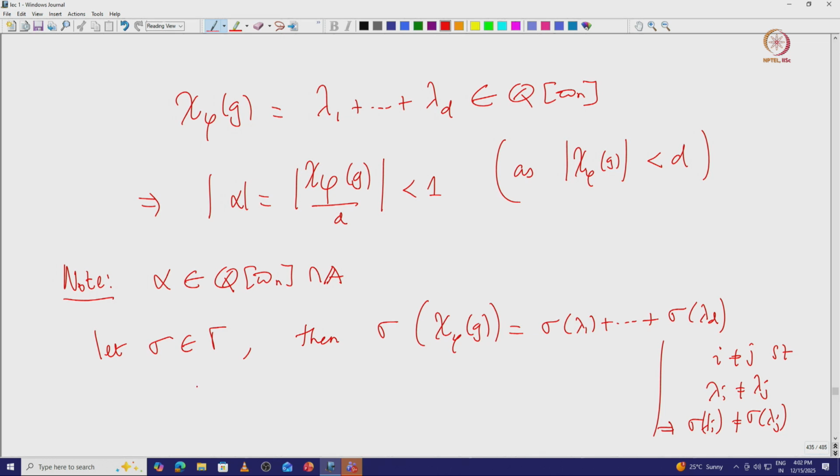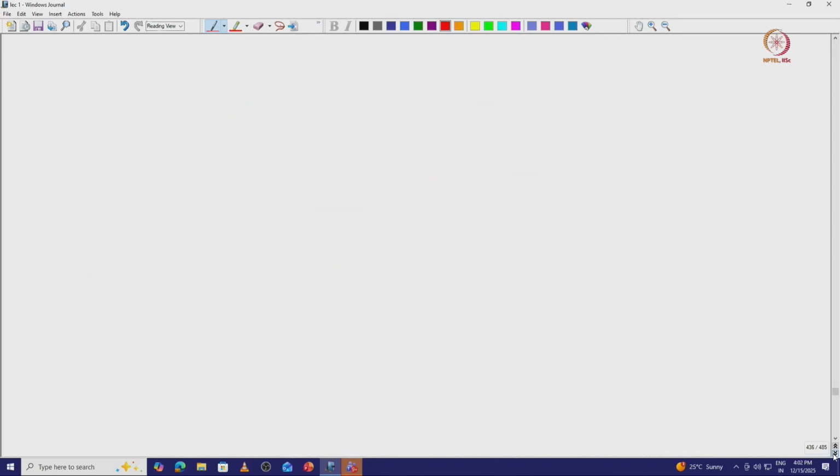So, that means the absolute value of this sigma of chi_phi of g is strictly less than d, because this is again a sum of nth roots of unity. So, it cannot exactly reach the value d. That would actually imply the following.